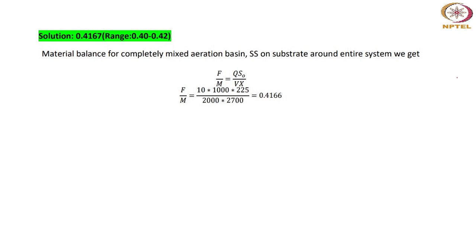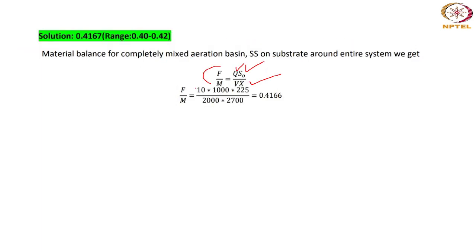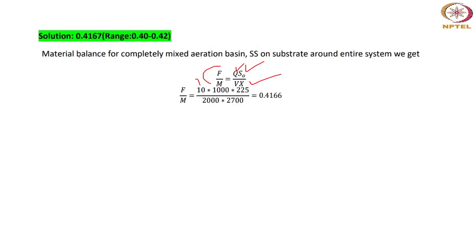Right answer. So this is F by M, again Q multiplied by S naught divided by V multiplied by X. I already told what is the full form, what is the meaning of V, X, Q, and S naught, so I'm not repeating again. And here Q, what was the flow rate? 10 MLD, right? 10 we are writing, then 225. Yes, that was the influent concentration, 225 mg per liter.